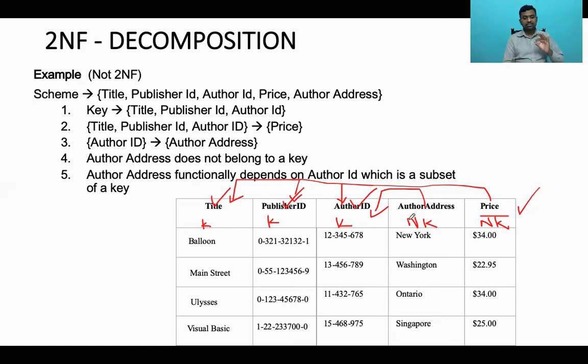No, author address has nothing to do with publisher ID, because it is the author's address. Is it dependent on title? No. So author address is not fully functionally dependent.